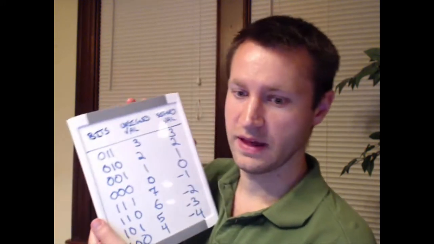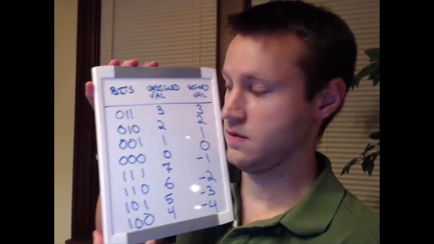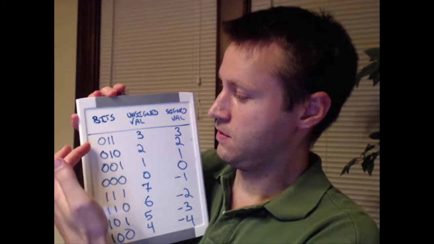The way you can tell if a signed number is positive is to look at the uppermost bit. If the uppermost bit of a signed number is a 1, it's negative. If the uppermost bit of a signed number is 0, it's positive. Let's look at this quick little chart here to show what that looks like. So I have a 3-bit number.